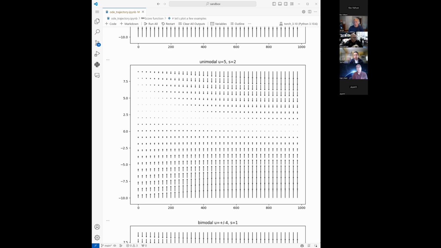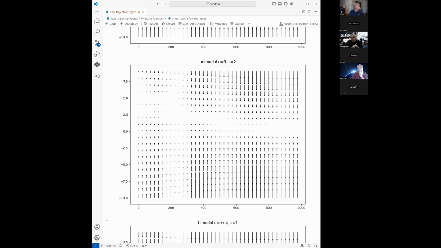Go ahead, Dave. So this is for the one dimensional, unimodal or bimodal, but the data is still in one dimension. You can imagine how complicated the vector fields can become as you go to higher dimensions. And the curse of dimensionality comes in where all you have is these higher magnitude vector field arrows almost everywhere.